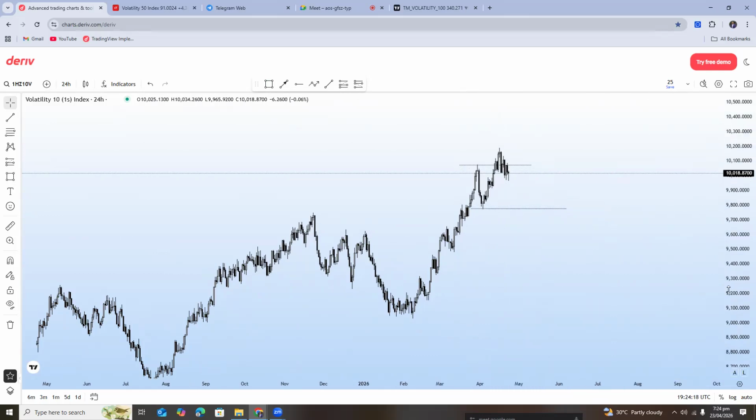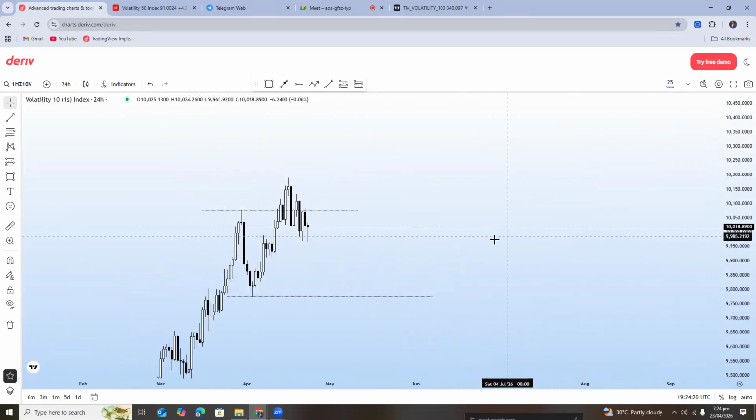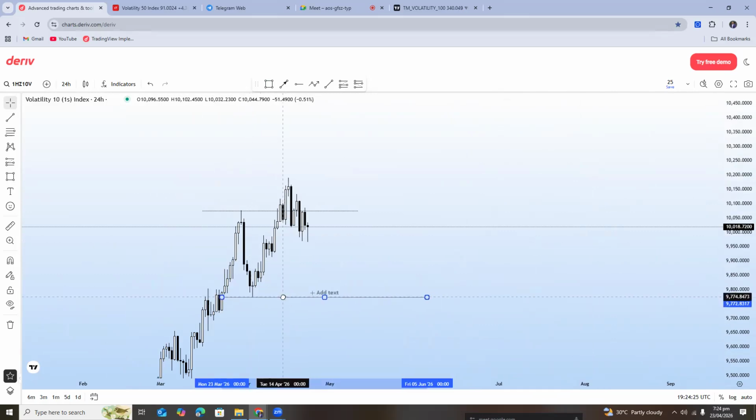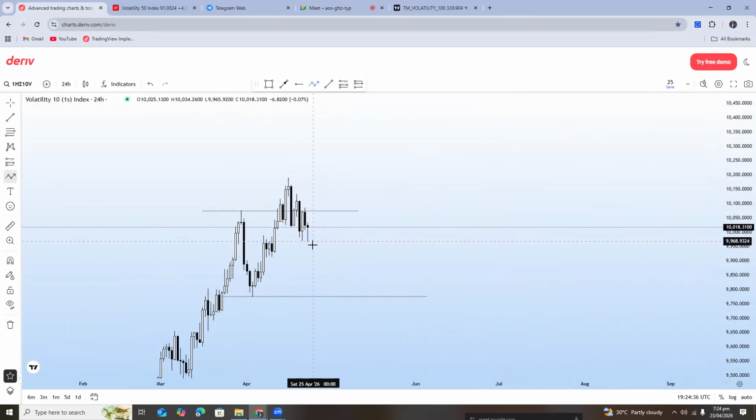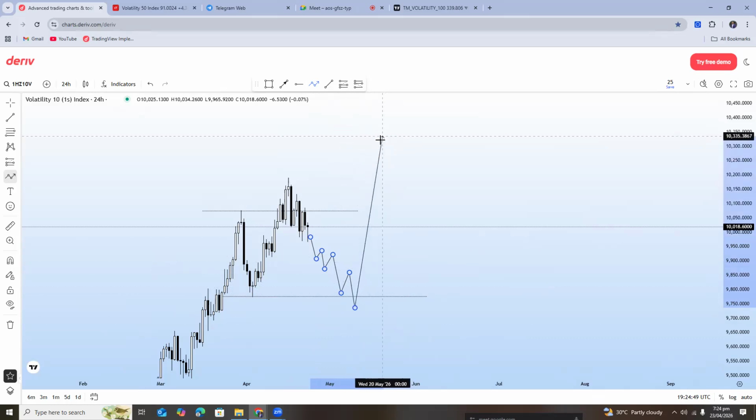So we would anticipate, and this is just a projection, this is what we are thinking, that because the market is in an uptrend, it will continue to go up. But at what point will it resume the buy again? We are expecting that the market will drop, and then come back to this zone, and when it comes to this zone, we expect that the buys will resume from here.